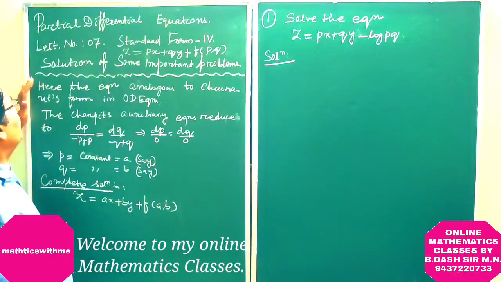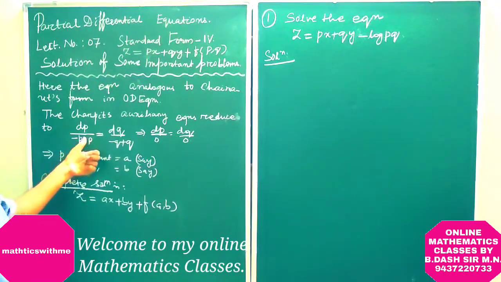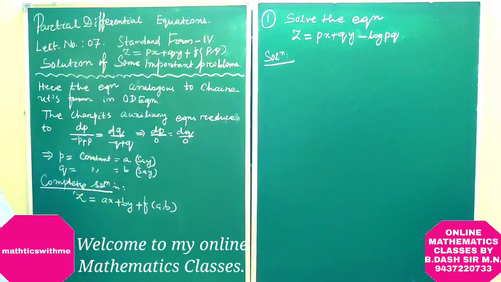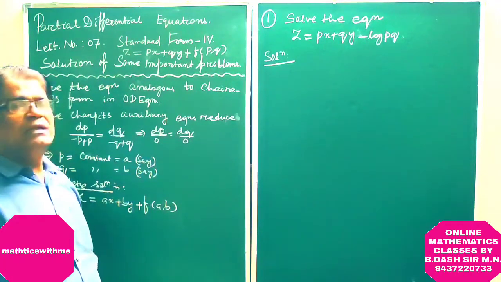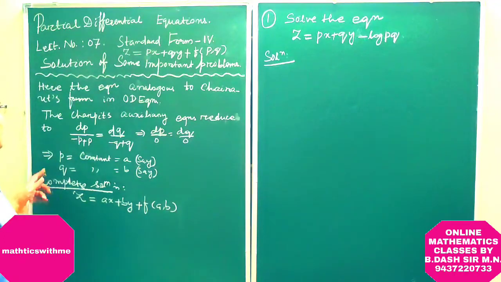So the theory part of this problem is that Charpit's auxiliary equation in this case becomes dp by minus p plus p equal to dq by minus q plus q. This implies dp by 0 is equal to dq by 0, by which we will get p is equal to constant, let it be a, q is equal to constant, let it be b.